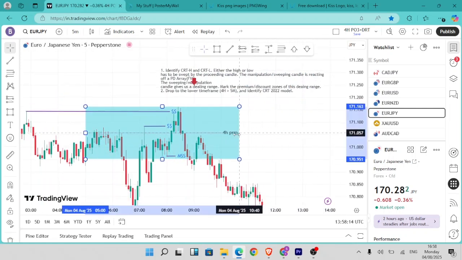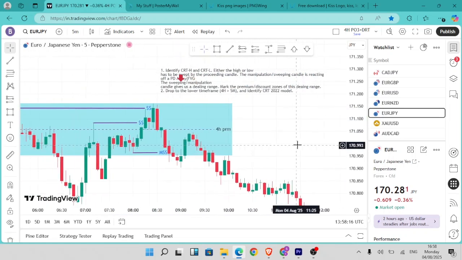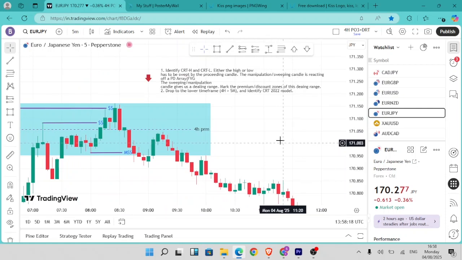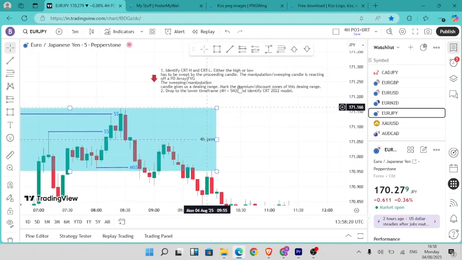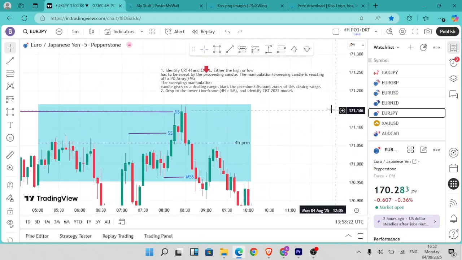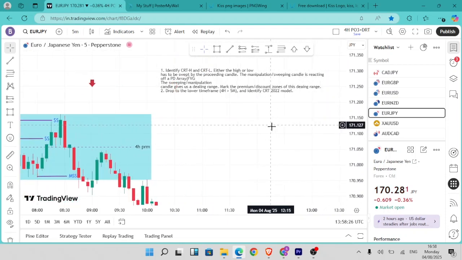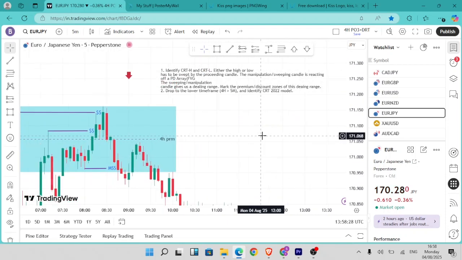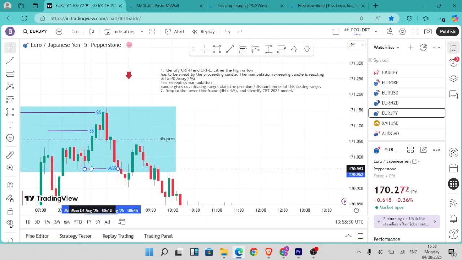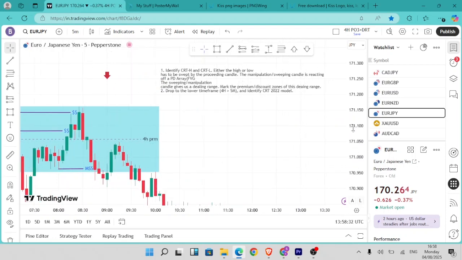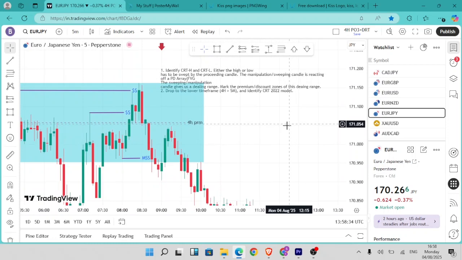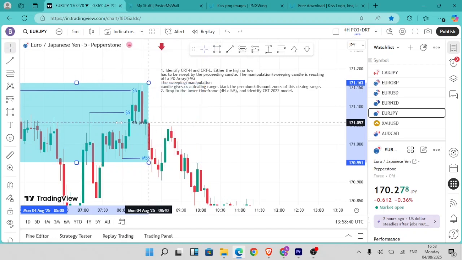In the ICT 2022 model, the next step is to identify the fair value gaps and inverted fair value gaps or breaker blocks for entries, right? In our case, I think we can now get rid of this because it's just given us an area of value.